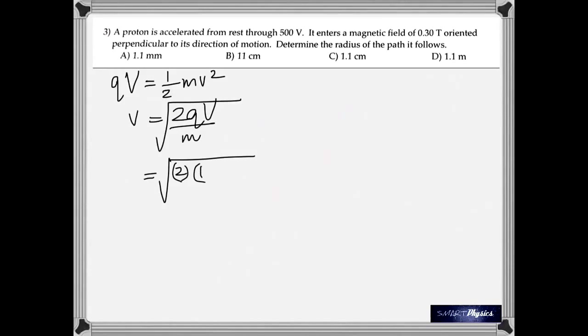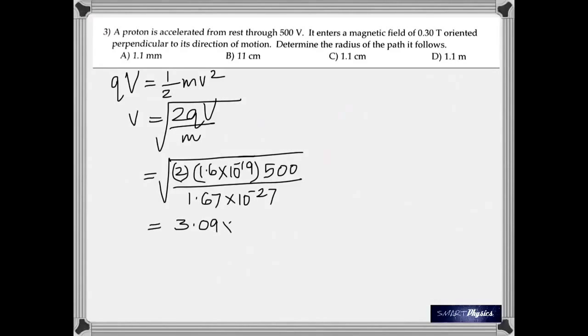It is a proton which has the same charge as the electron. The voltage is 500, mass of the proton is 1.67 times 10 to the negative 27 kilograms. And calculating that yields 3.09 times 10 to the 5 meter per second.